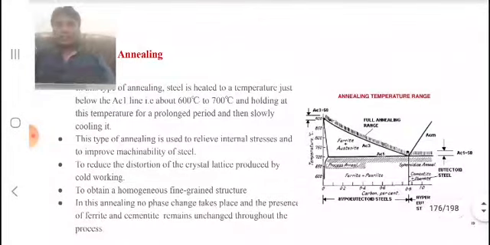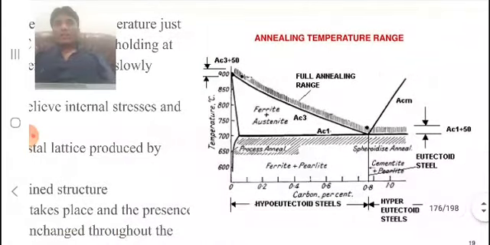And the disadvantages of annealing can sometimes be treated as: strength is reduced, and fine grain structure will be converted into coarse grain structure during the annealing process.